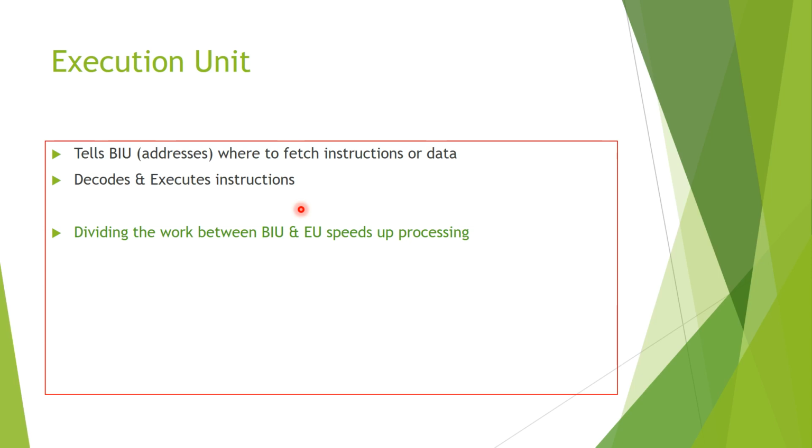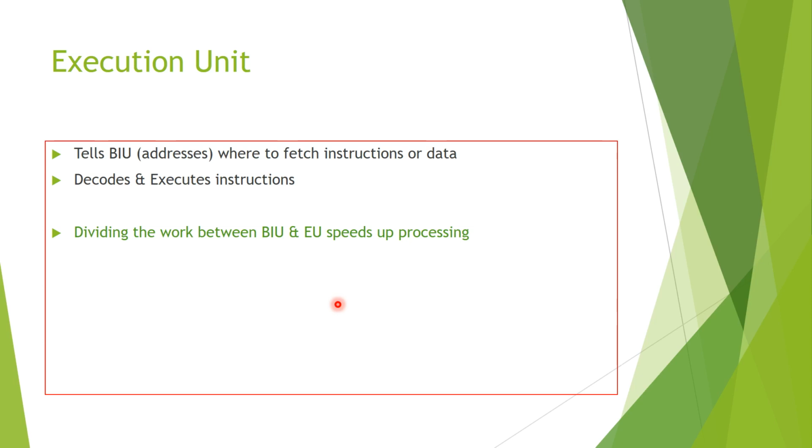But in the 8086 microprocessor, when the execution unit is performing the decoding and the execution of the previously fetched instruction, in the meantime the bus interfacing unit fetches the new instructions and stores them in the instruction queue.